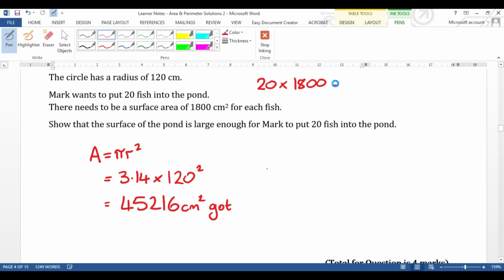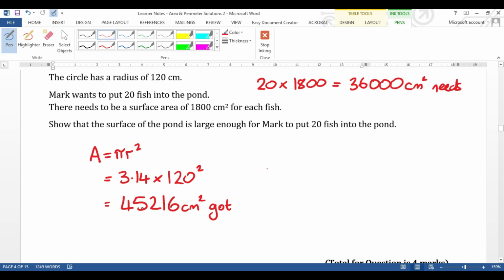This will tell us what the 20 fish need. Let's do that separately, which is 36,000 centimeters squared.